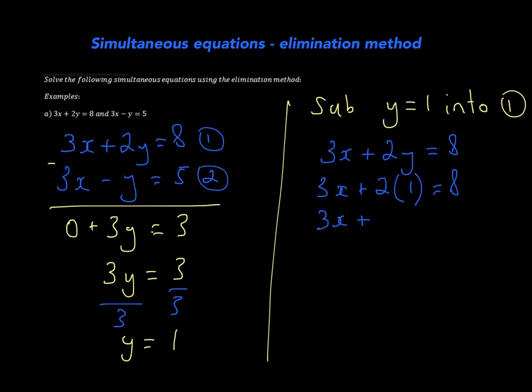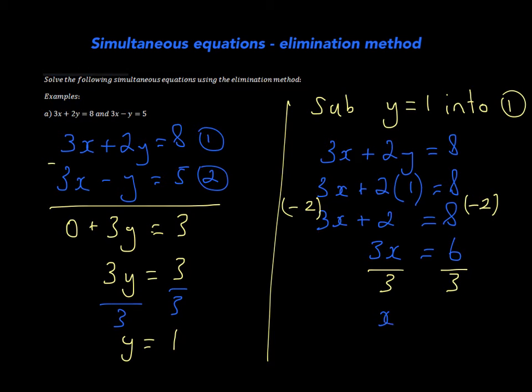Remember with the brackets directly behind it, it's 2 multiplied by what's in the brackets. Because it's 1, it's 2 times 1 is 2 equals 8. Once again, we want to get the x to the left-hand side and the numbers to the right. So we need to do the inverse function again to get them over there, and I'm left with 3x equals 6. My final step, divide by 3.